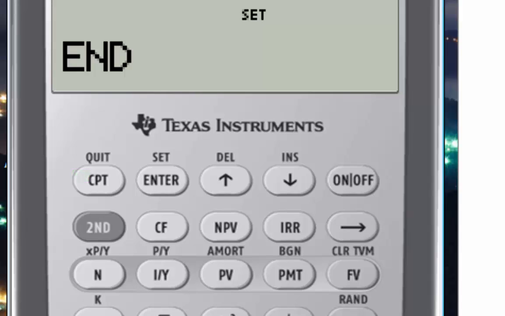Right now it says end. To change it, hit the second button and then the enter button, which has the word set above it. This last action toggles the setting from end mode to begin mode and back to end mode if needed.